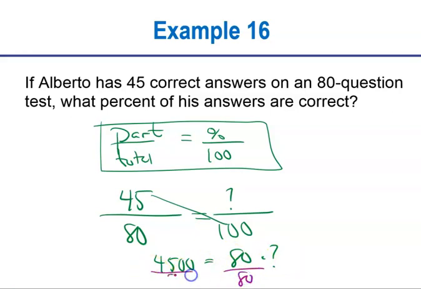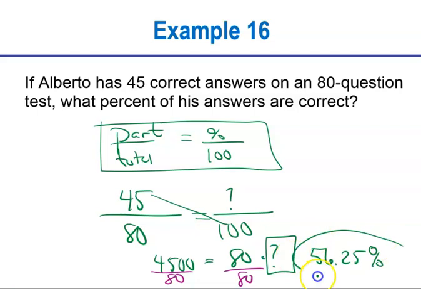Notice this concept still involves algebraic ideas. You have to know how to get this question mark by itself. So 4,500 divided by 80 is going to give me 56.25. Remember to add the percent sign.